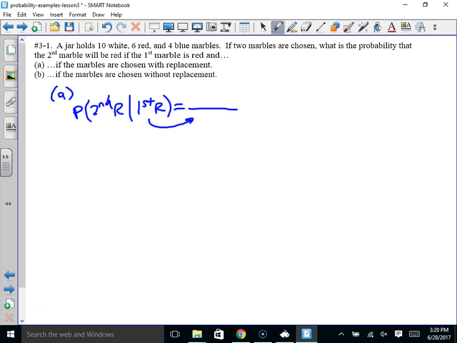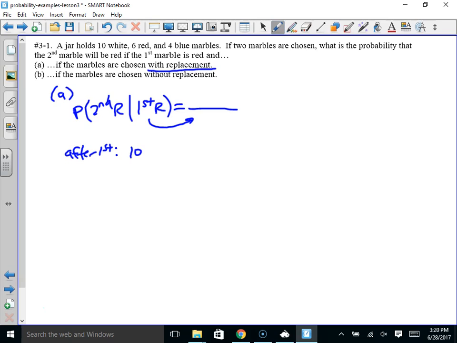All right, so what would be the state of the bag if we're choosing with replacement, and we're getting ready to choose the second marble, but the first marble was red? Well, if we replace the marble in the bag, then after the first marble is chosen, what will be in the bag?